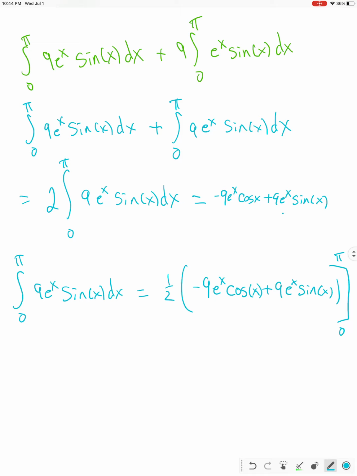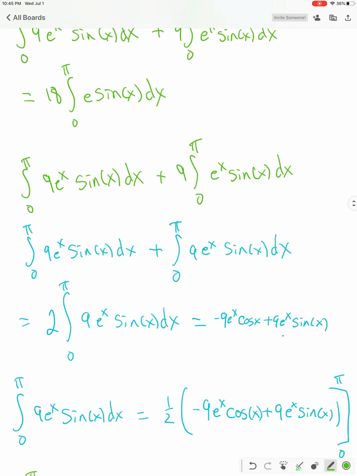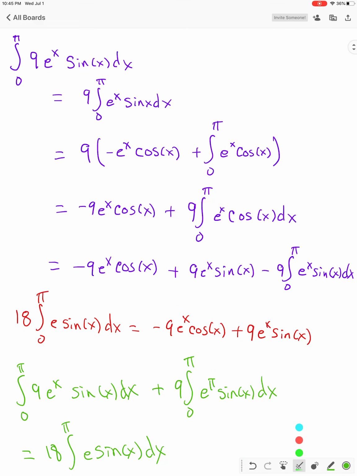Okay, so now let's look back at this green one and see how we could have fixed that. So we ended up with the 18 times the integral of 0 to pi of, oh, not 9, let me fix that, of e to the x times sine of x dx. That's what we had. And we need that, again, to solve this, we need that to look like this.